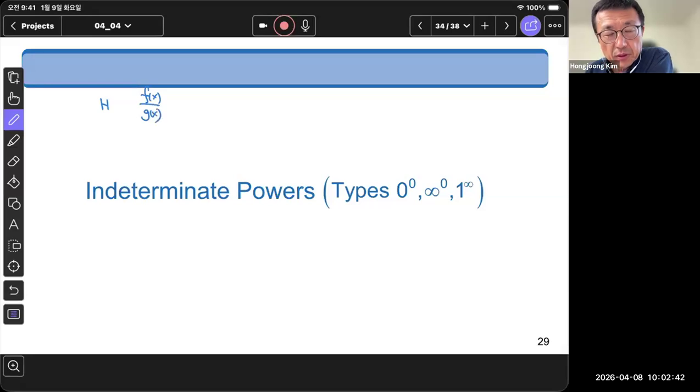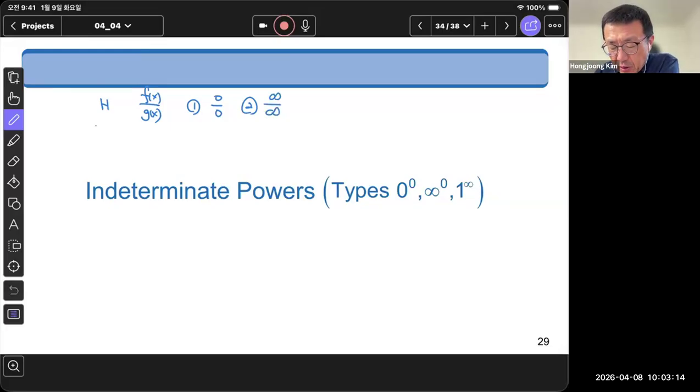And in order to use L'Hopital's rule, one of two conditions must be satisfied. Either both f and g converge to 0, in other words, 0 over 0 type, or both f and g diverge to plus or minus infinity, in other words, infinity over infinity type.